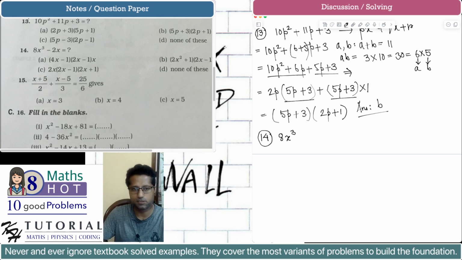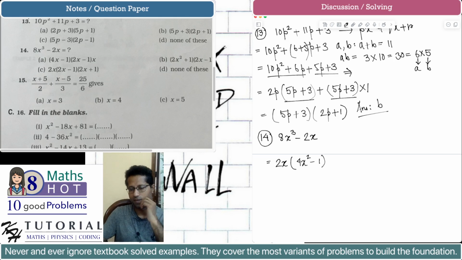So 8x cube minus 2x. First of all, take out any common factor, if it is available, from all the terms of the given expression. We can clearly see that 2x is the common factor from both the terms in this given expression. So it becomes 2x multiplied by 4x square minus 1.